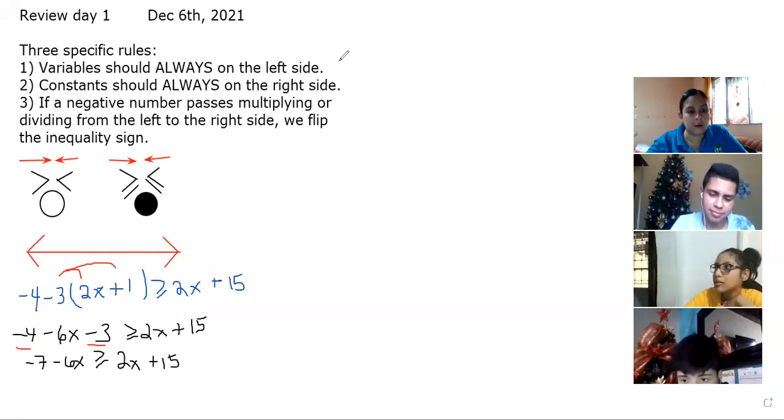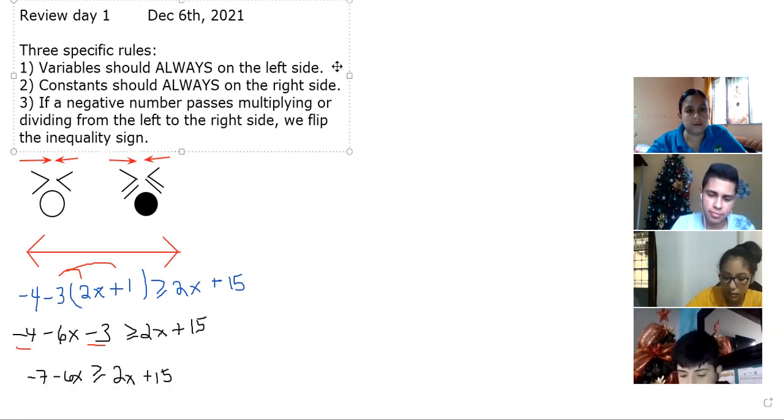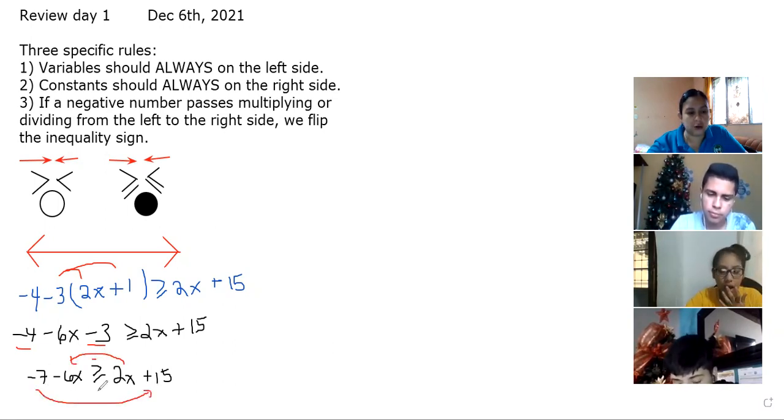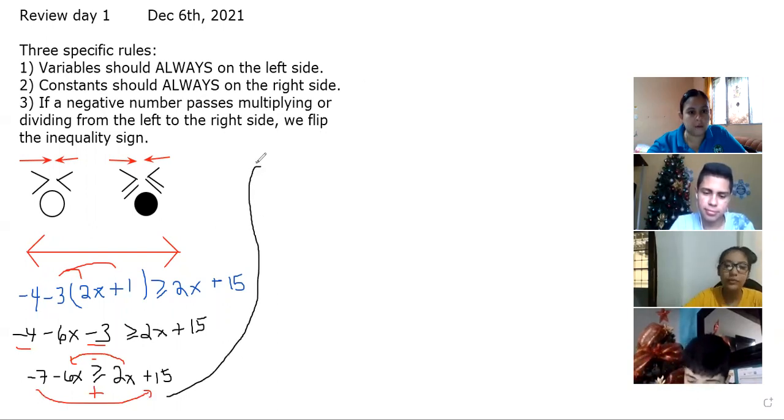Okay, so now I'm going to move this a little bit down, and I'm going to do the 3 rules. Variables go on the left, therefore this one should go to this side with an inverse operation, and the -7 should go to the right also with an inverse operation. So plus 7. Since I don't have any more space in there, I'm going to move here.